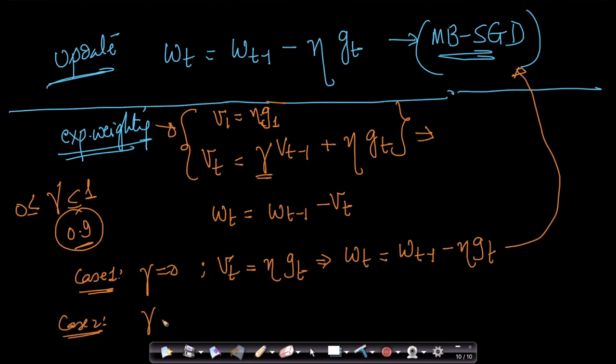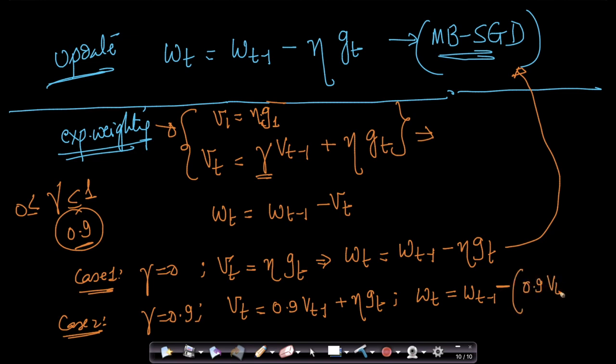If gamma equals 0.9, then I have my Vt as 0.9 times Vt minus 1 plus my learning rate times Gt, and my Wt equals Wt minus 1 minus (0.9 times Vt minus 1 plus eta times Gt).